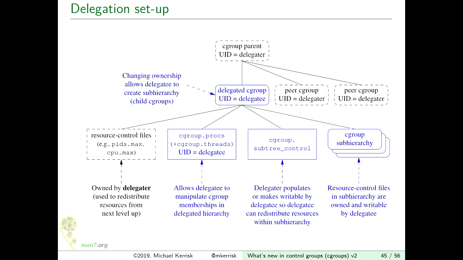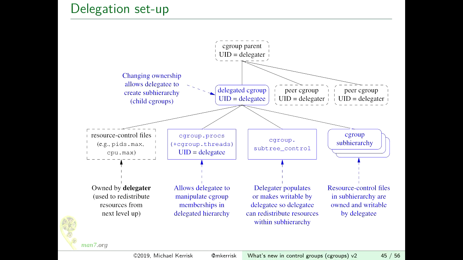The stuff that is in blue solid lines here, these are the files whose ownership gets changed to being the delegatee, let's say UID 1000. So the cgroup directory itself gets its ownership changed, and also things like cgroup.procs and cgroup.subtree_control.